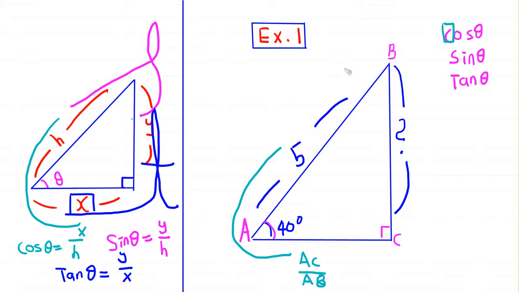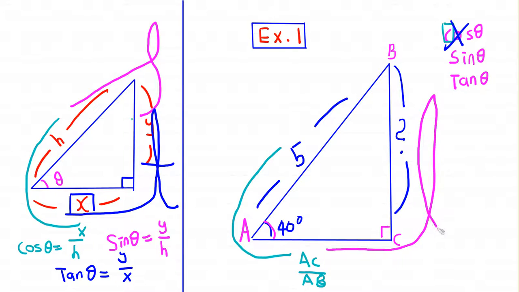But they gave us the value of AB, which is our hypotenuse, and they didn't ask us to find the length of AC, so that means cosine theta is not the solution for this question. What about tangent theta? For tangent theta, we write from the adjacent side of the angle, and it goes all the way up and down again. It includes the side that we want to find, but it doesn't include the other side that should be given. So tangent is also not the solution for this.